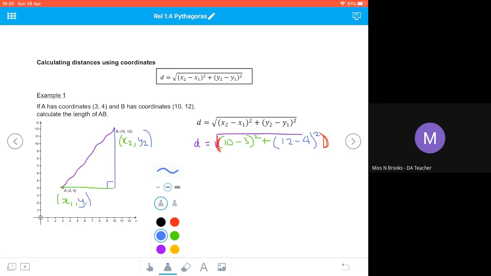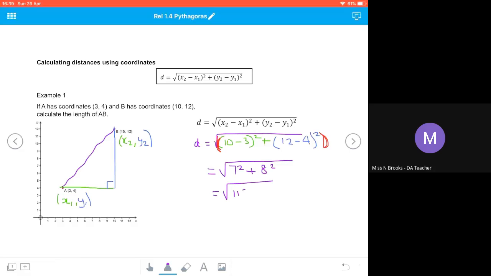So we end up with the square root of 7 squared plus 8 squared. And that gives us 49 plus 64, which gives us 113. And that's root 113 units. If the question doesn't ask you to round, then leave it as an exact value. So leave it as a surd.